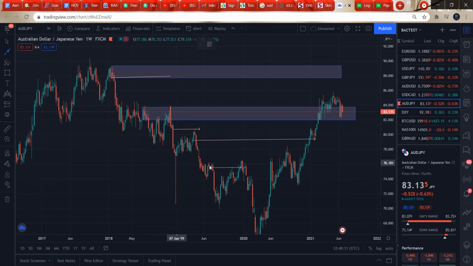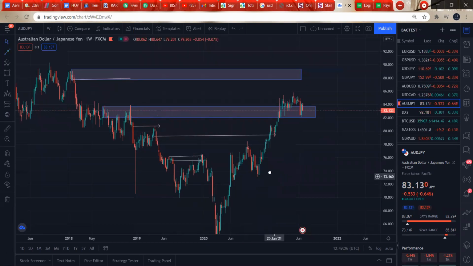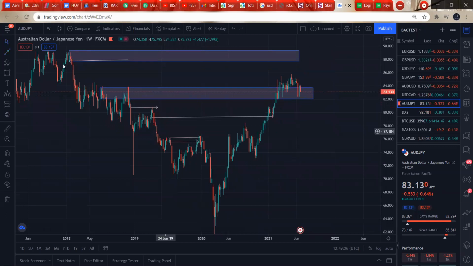Order block here, break again. It left another order block, and now we're going forward. So it left another order block here. So now when this price came to this, you see, this will be your first TP.